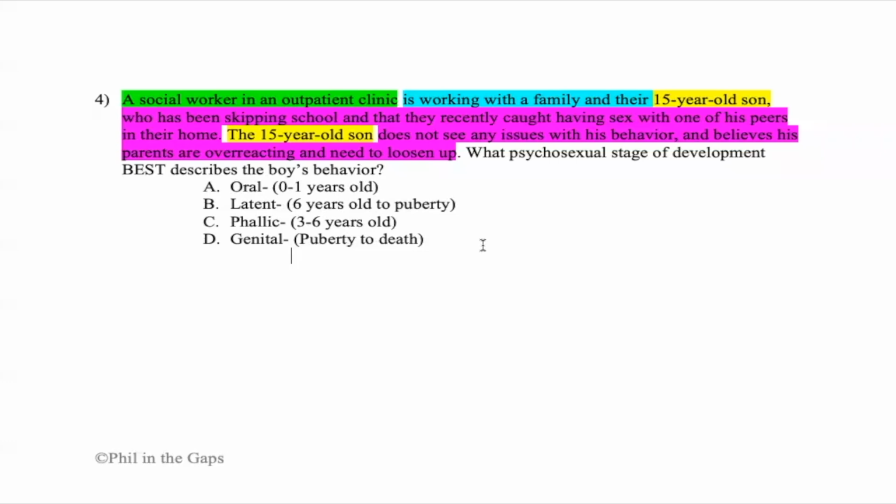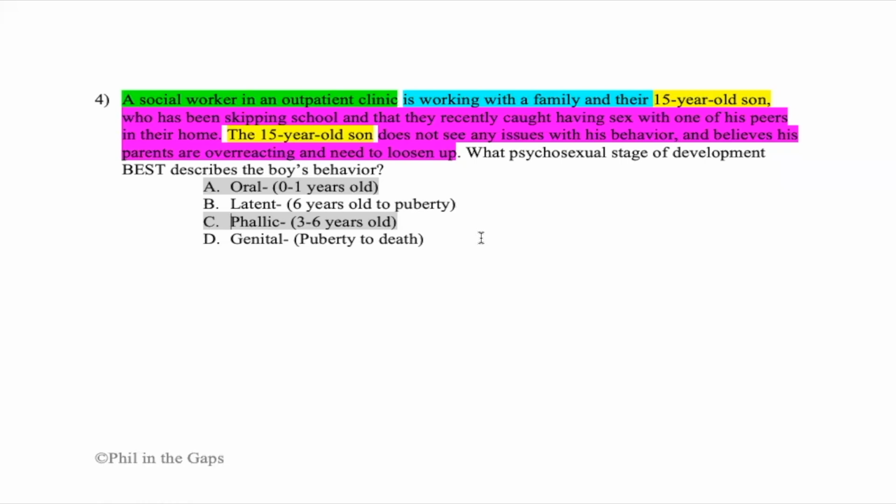So right off the bat, we are going to rule out A. Why? Because we're not talking about pleasure derived from the mouth or survival in any way, shape, or form, or that he has a maladaptive attachment to his parents in any way, shape, or form. We're also going to rule out C because we're not talking about him feeling himself or discovering his genitalia or that he's experiencing the Oedipus complex within this situation of the attraction to his mother.